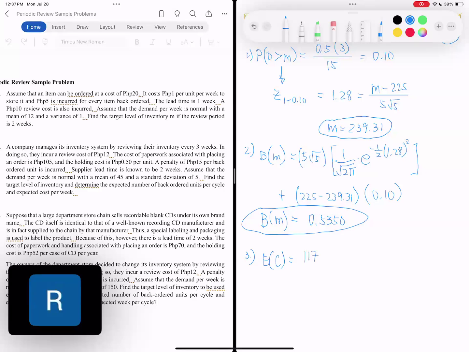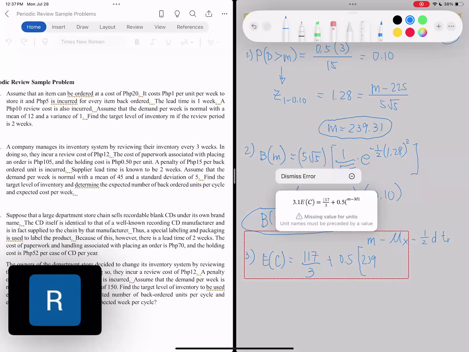So 117 divided by 3 plus your H. Your H is 0.5, per unit per week, we assume. So 0.5 multiplied by, again, I will put the formula here: M minus mu of X, minus 1/2 D times PR. That's the formula. You know M, no problem with that. 239.31.